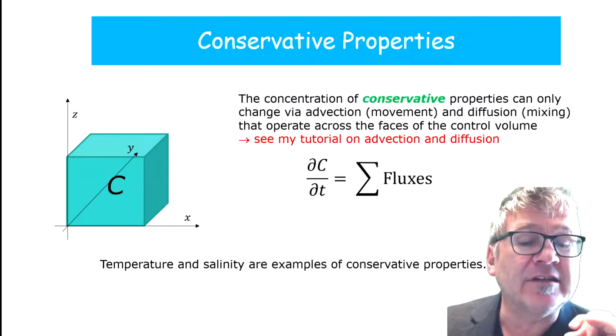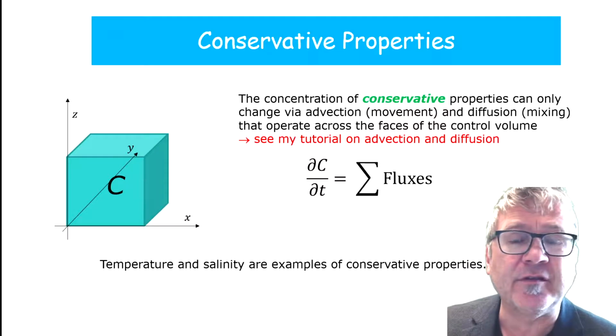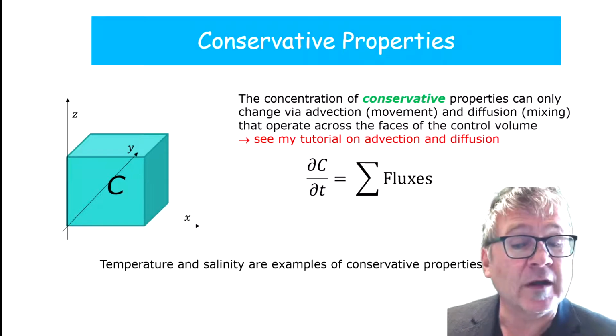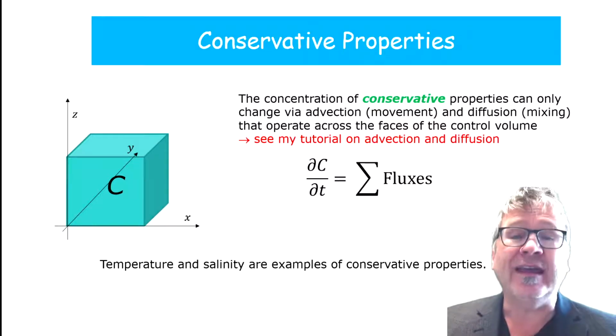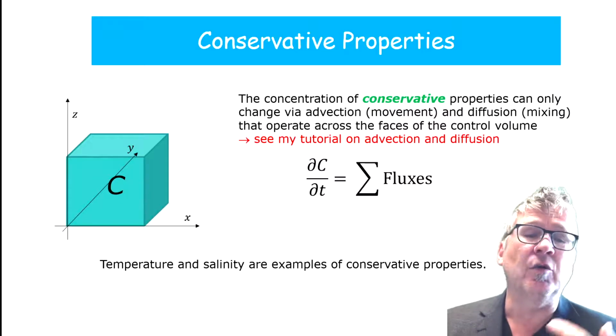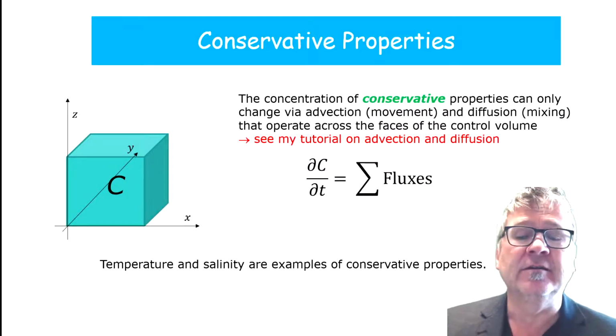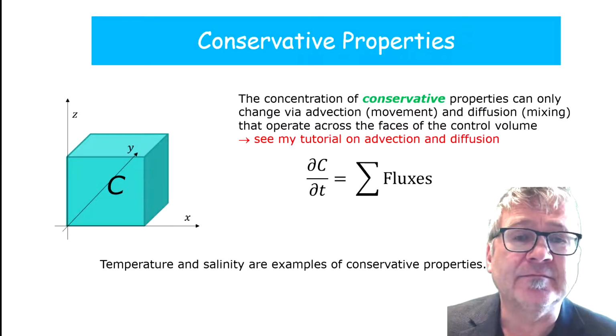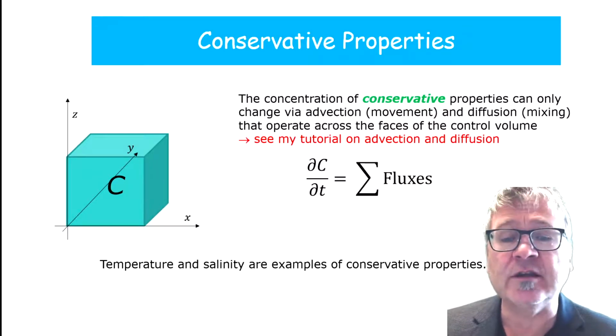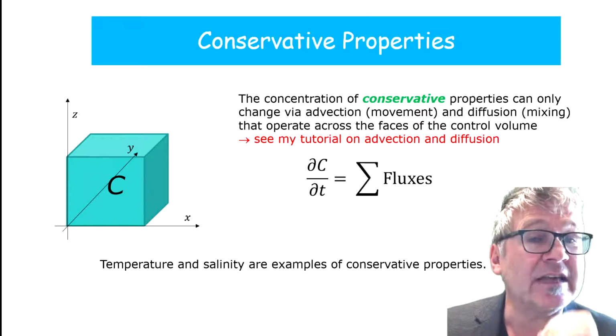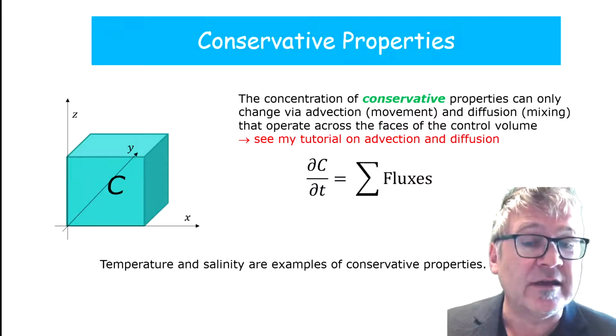Temperature and salinity are examples of conservative properties, because there's no internal sink and no external source of temperature, of heat, or of salinity in the ocean interior. And that's important to understand too.